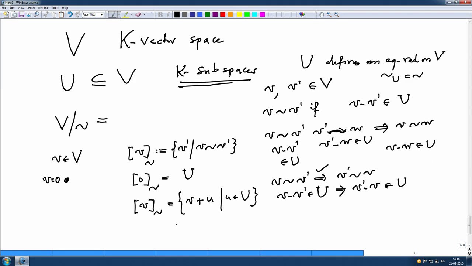So the notation for this I want to write as V plus U. This is by definition: take all the vectors in U and add them to this given V. So visibly these are cosets of U in V.